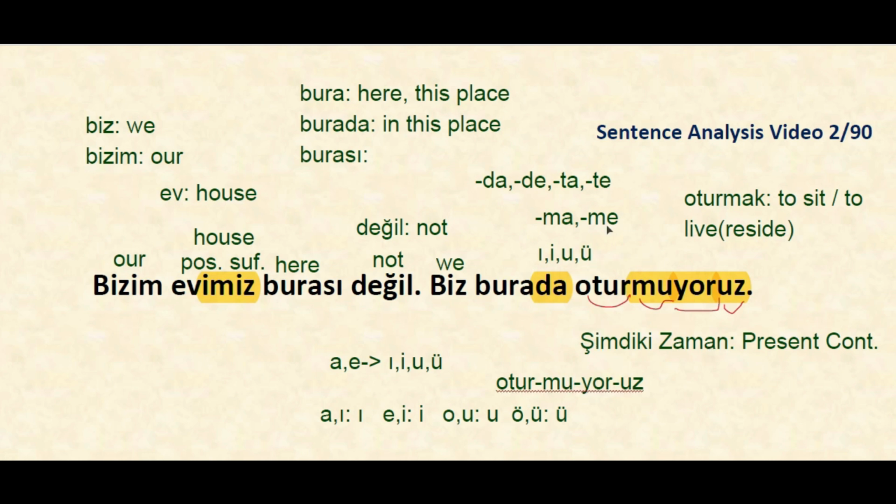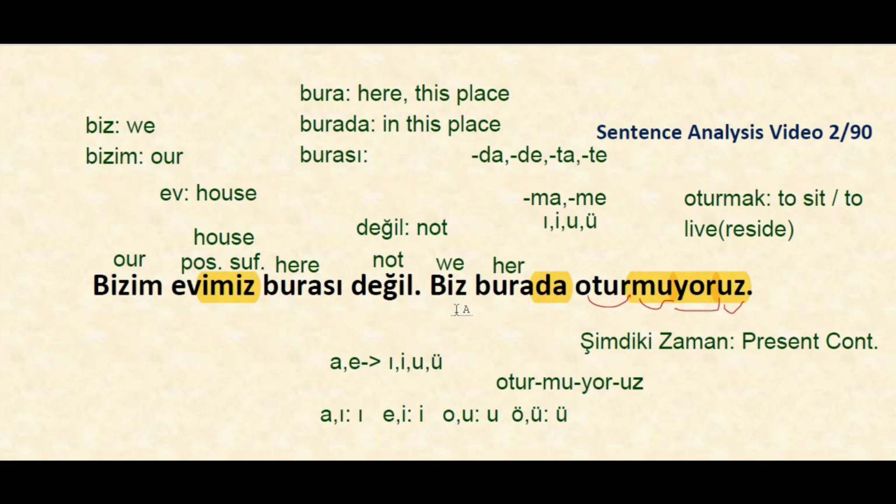So this is the negation suffix. Here we can understand it easily. So in total, what does this sentence mean? This sentence means biz, we, burada, here in this place, oturmuyoruz, are not residing or are not living, don't live in this way. So this sentence means we don't reside here, we don't live here in this way.